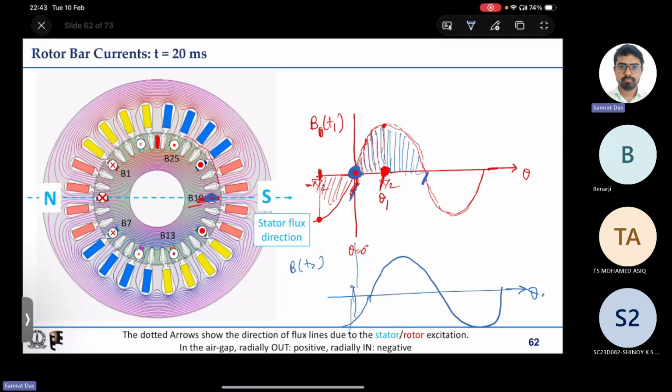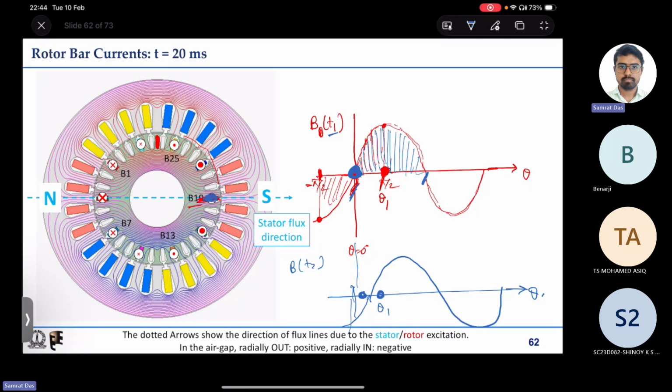Now the rotor is also rotating. That means B19 will also get shifted by some angle and come to some other location, say here or here. So while integrating, you have to calculate the updated position of theta 1, where theta 1 indicates the location of the bar.